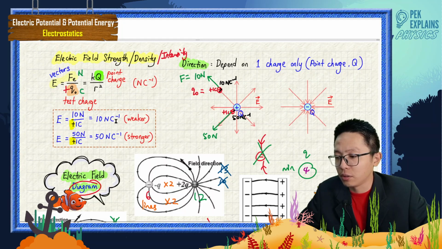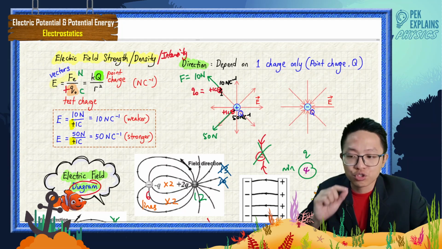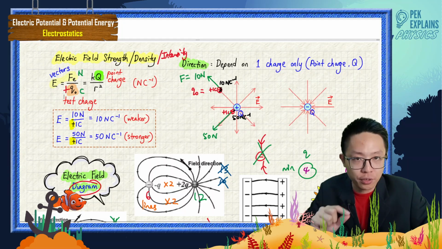Like 10 Newton per coulomb means 10 Newton per positive 1 coulomb. If the electric field strength at this point is 10 Newton per coulomb, that means if I have a test charge of positive 1 coulomb, it will experience a repulsive electric force of 10 Newton. That is the electric field strength, the strength of the electric field at this point.